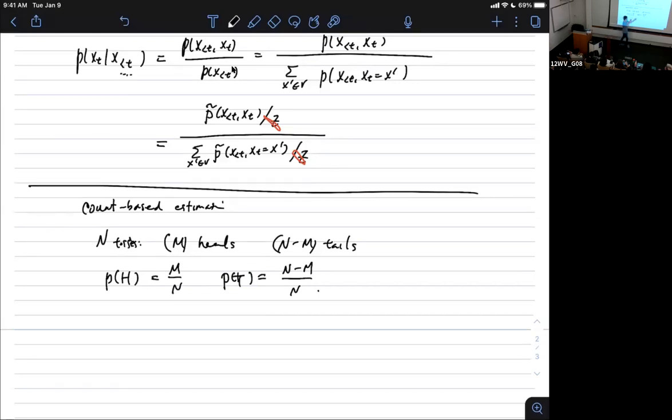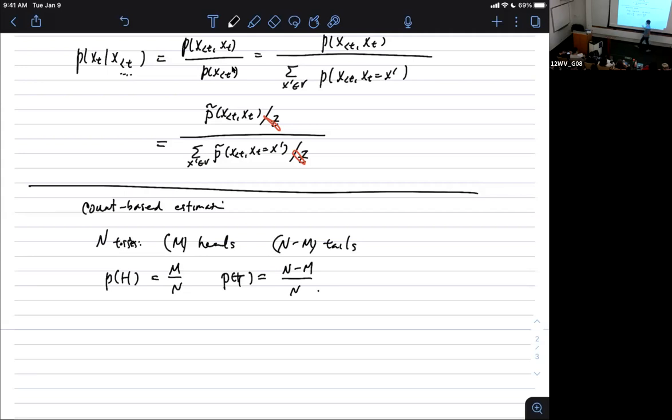There are two possibilities, two probabilities, and they sum to 1. But this capital N is a normalization constant, and we can just look at the counts m and n minus m.